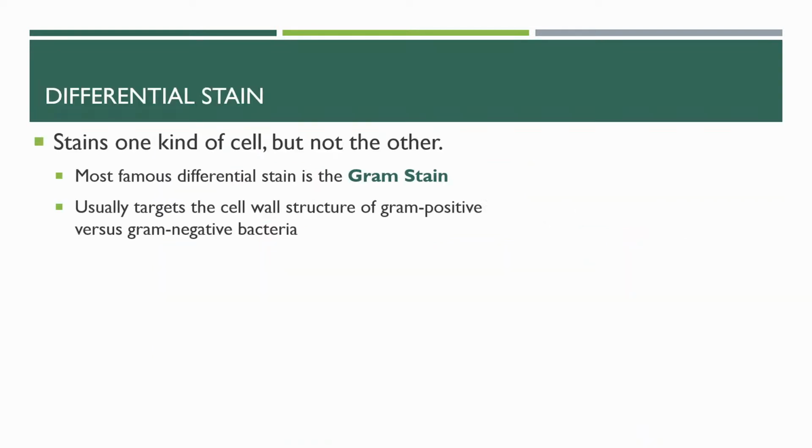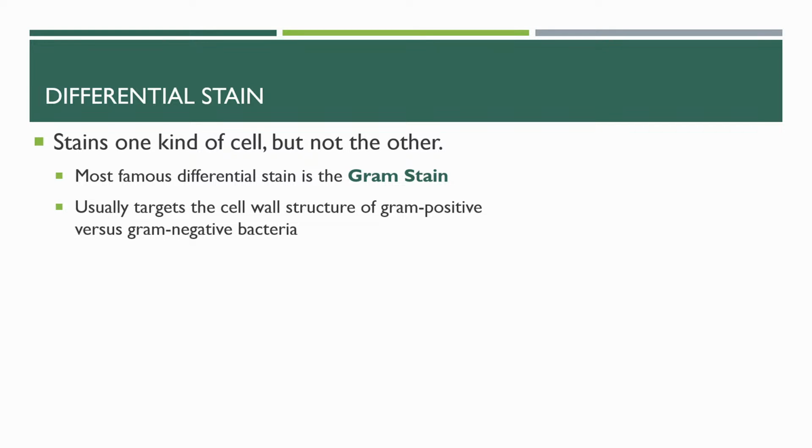We're going to also be doing a differential stain. The most famous one is called the Gram stain. Have you guys heard of the Gram staining procedure before a little bit? Okay, so it's actually pretty cool because it's based off of the composition of the cell walls of bacteria.